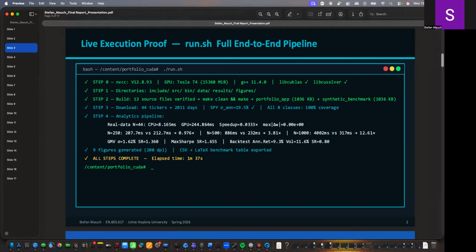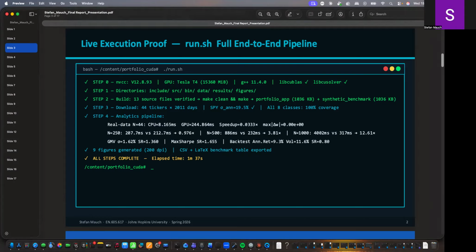And yeah, for demo reasons, this is the live, full pipeline execution, running the script. In summary, just to make it very simple before I dive deeper into the code base, it compiles the CUDA source code first, downloads real price data, in this case ETF price data across multiple asset classes.